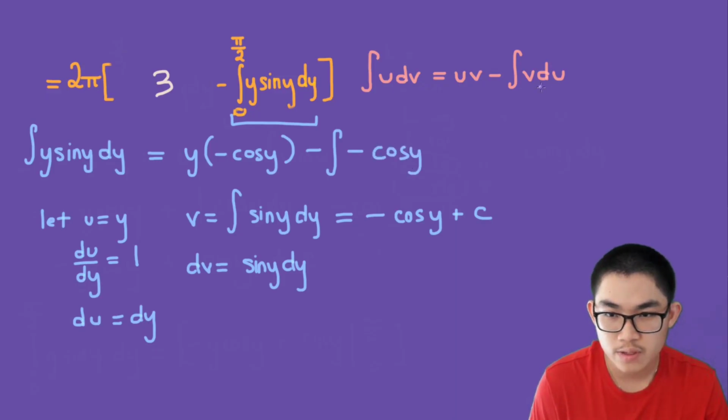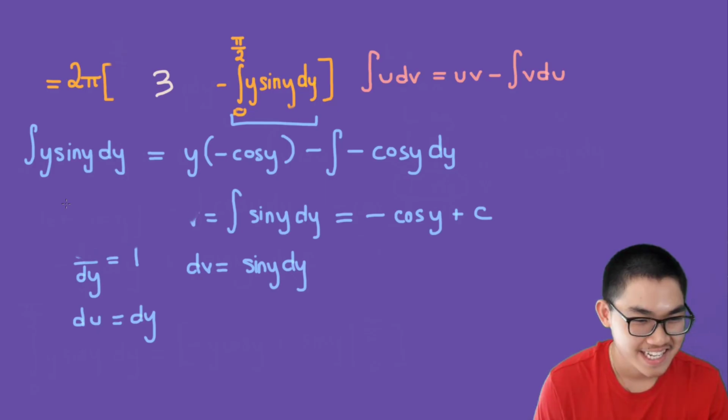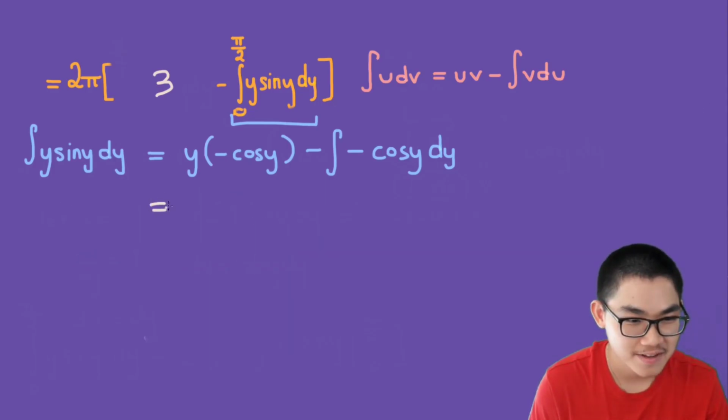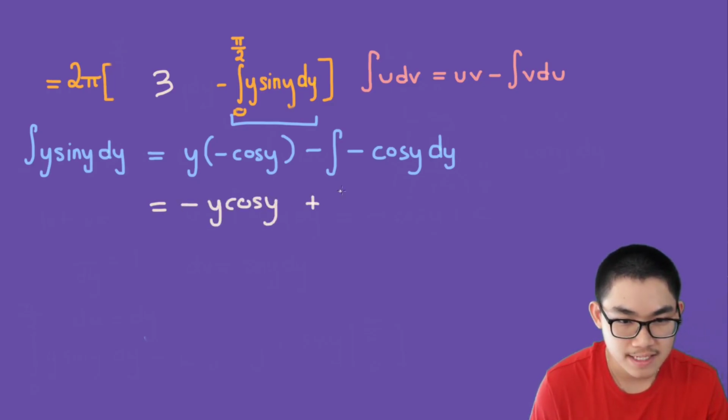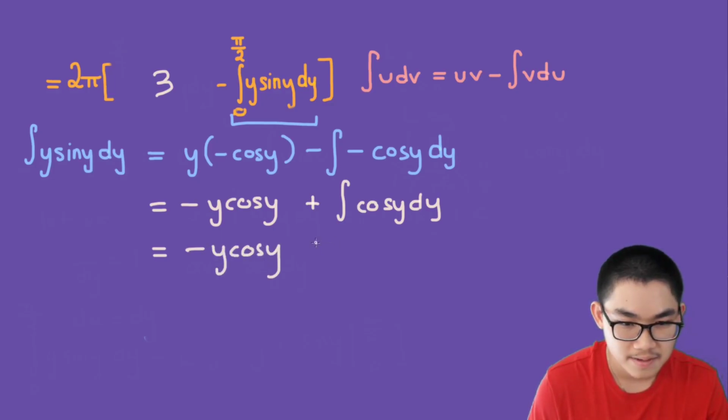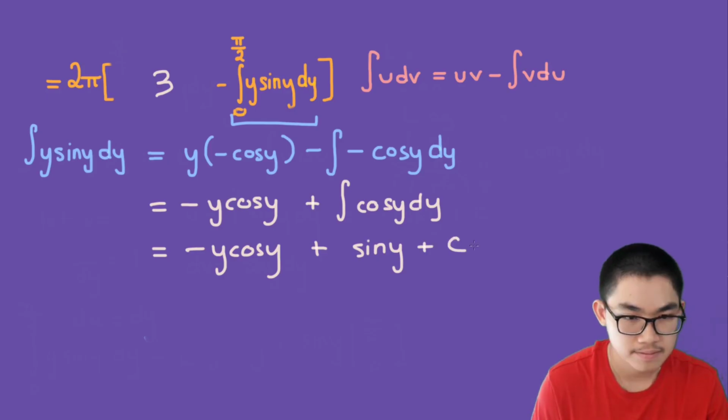And d of u is just d of y. And we're so close to finishing. I know, it's quite a lot. So this is the same as negative y times cos of y. This is plus the integral of cos of y dy. This is the same as negative y times cos of y plus the antiderivative of cos of y. That's just gonna be sine of y and plus c at the end.